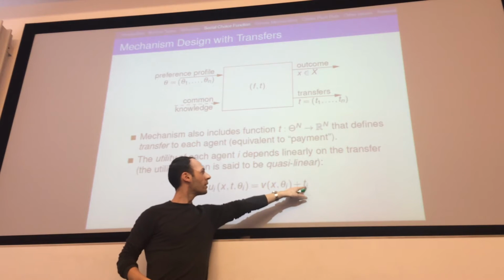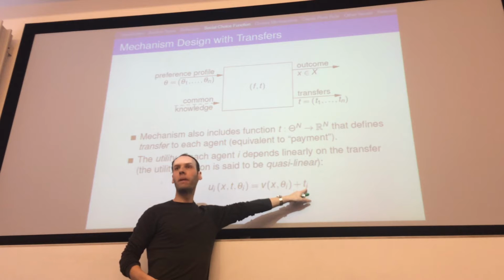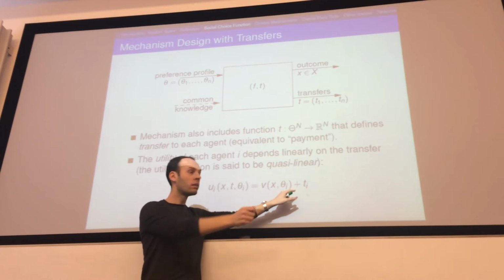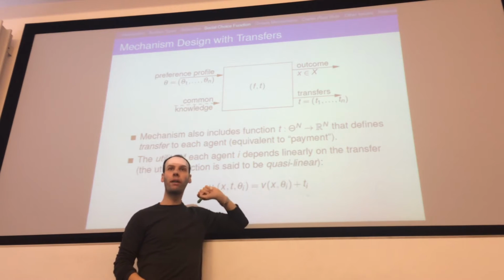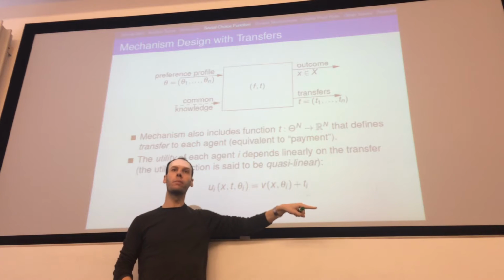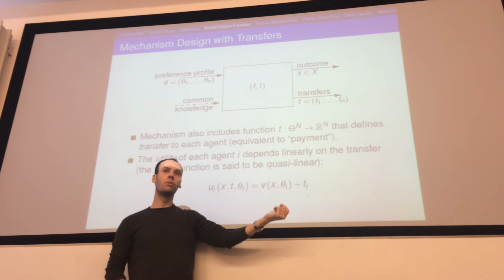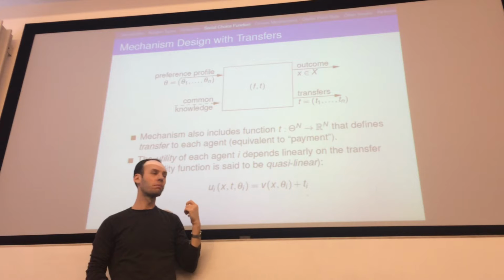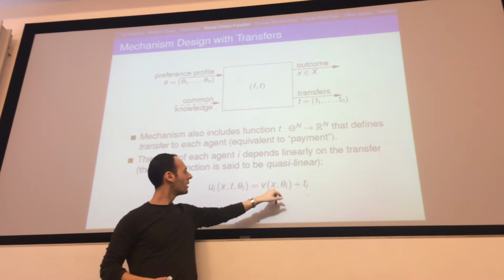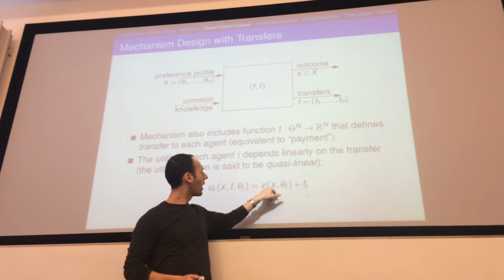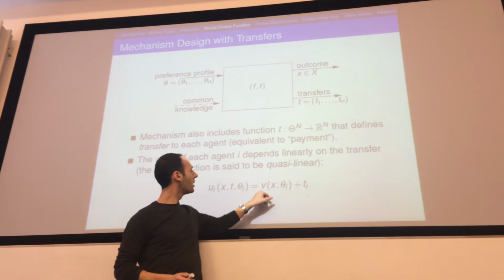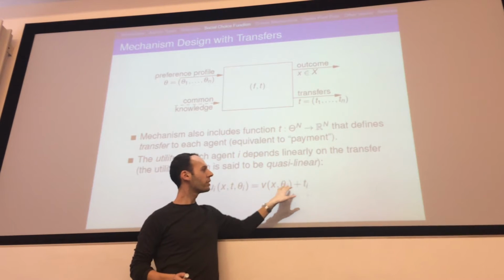Then we have another component, which is the money that we get, or we have to pay. If this is negative, it means we have to pay money to the mechanism. If this is positive, it means we receive money from the mechanism. And essentially our utility is the sum of these two.